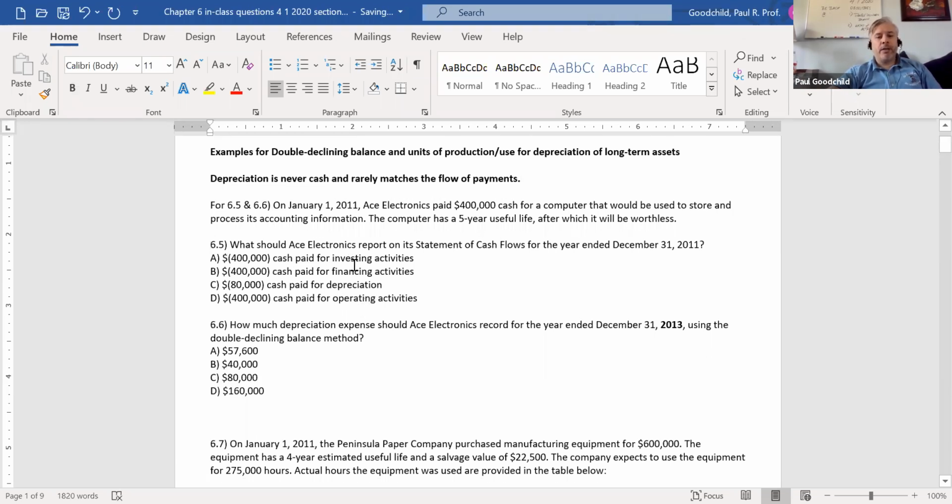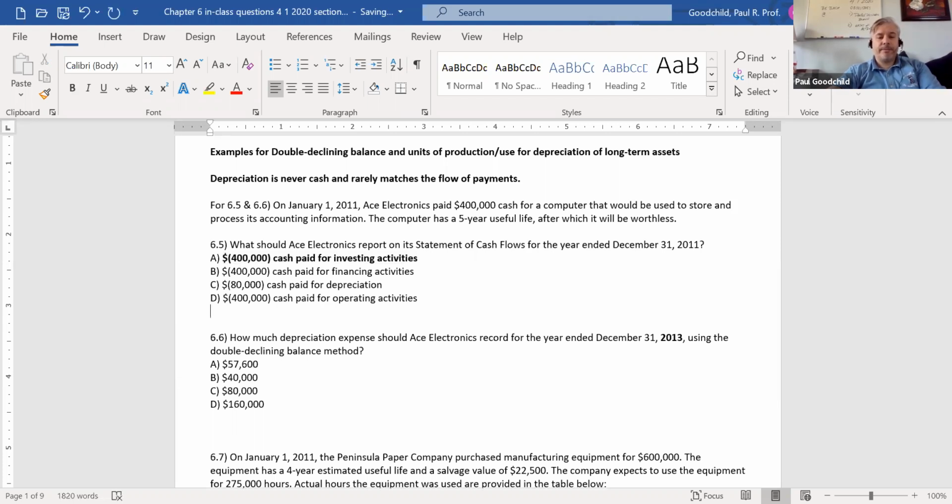And so really, we know it's cash paid. We know depreciation, never cash. So we have to figure out, is it operating activities, investing activities, or financing activities? And it's investing activities, because investing activities are where we report purchases of long-term assets.